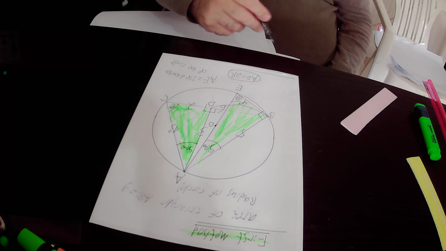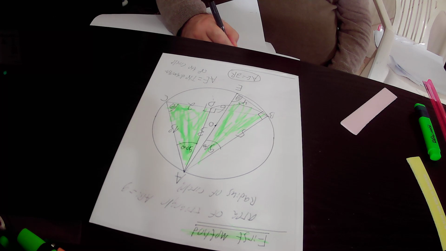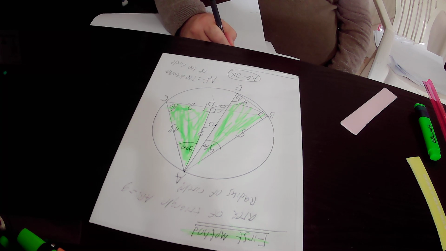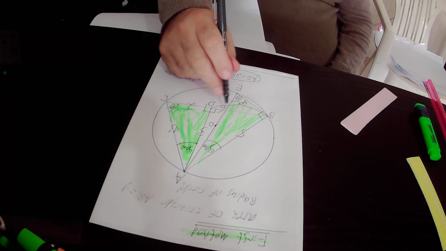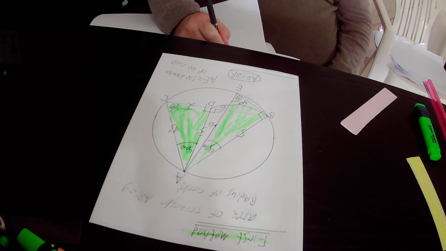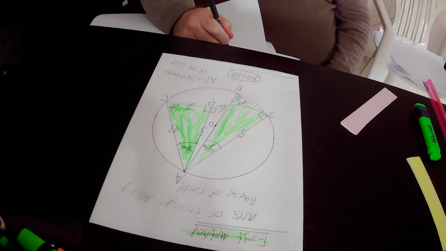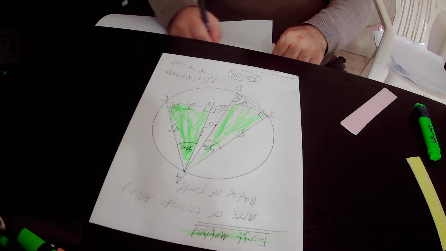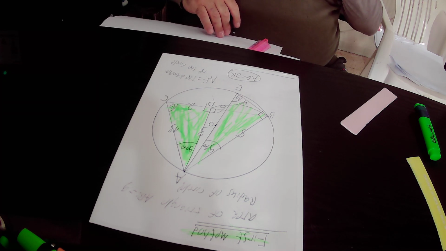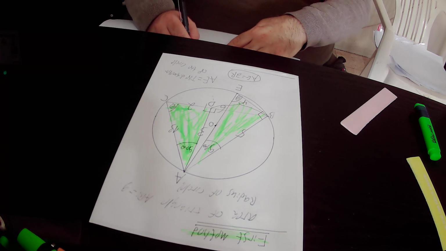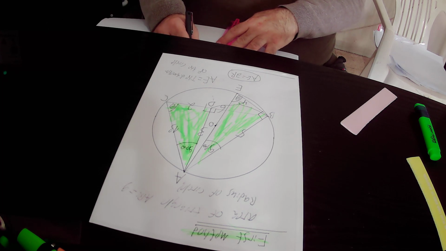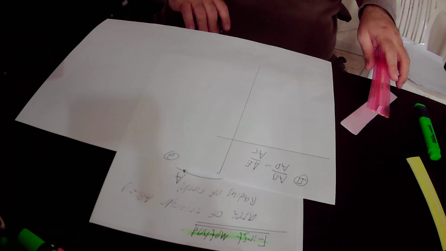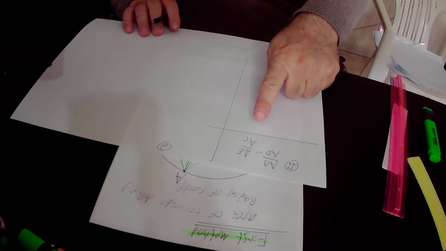We conclude that AB over AD equals AE over AC. Repeat again: from the fact that the two green triangles are similar to each other, we conclude that AB over AD equals AE over AC.